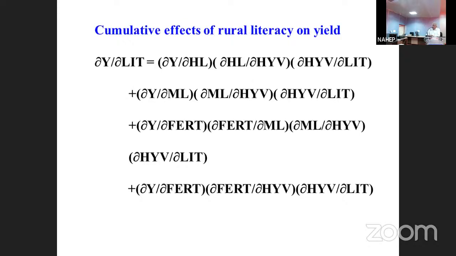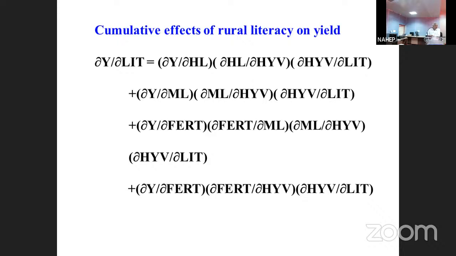Then, same way, literacy affects the adoption of high-yielding varieties. The high-yielding variety affects the fertilizer, and fertilizer affects the yield. Second way, literacy affects the high-yielding variety, which affects mechanization, which affects the fertilizer use, and fertilizer use affects the yield.